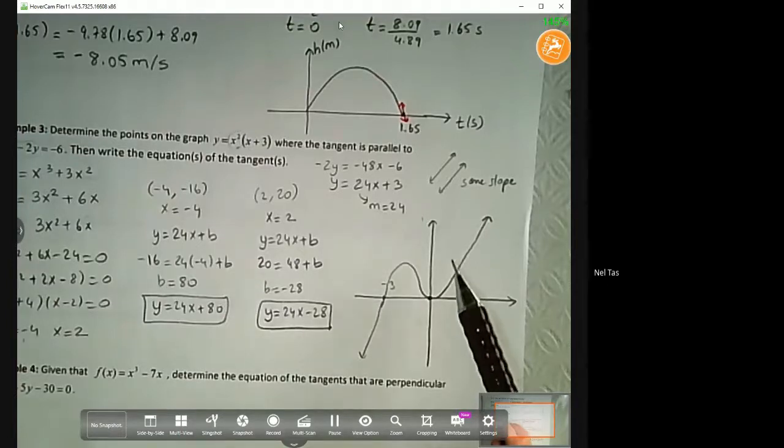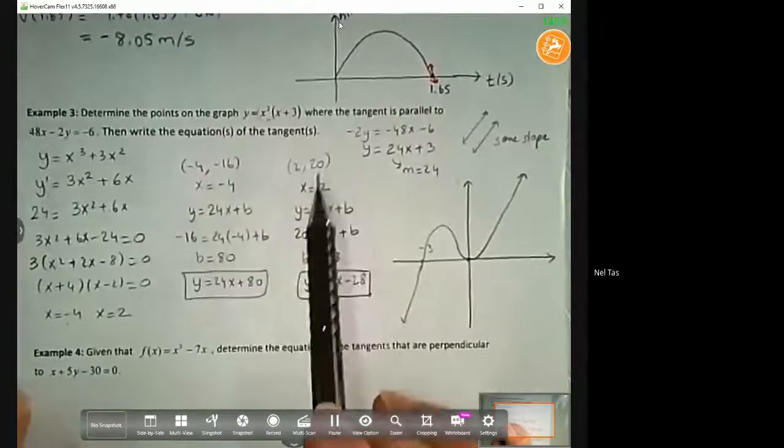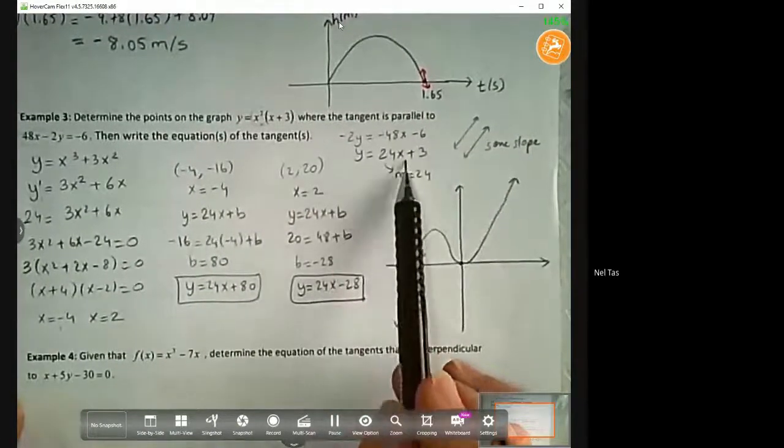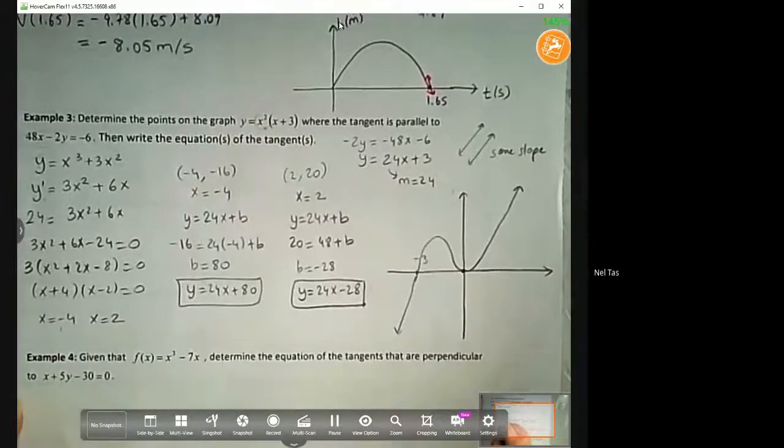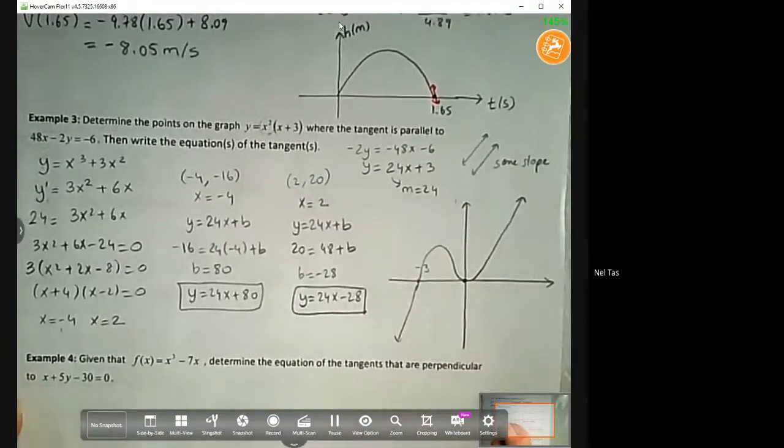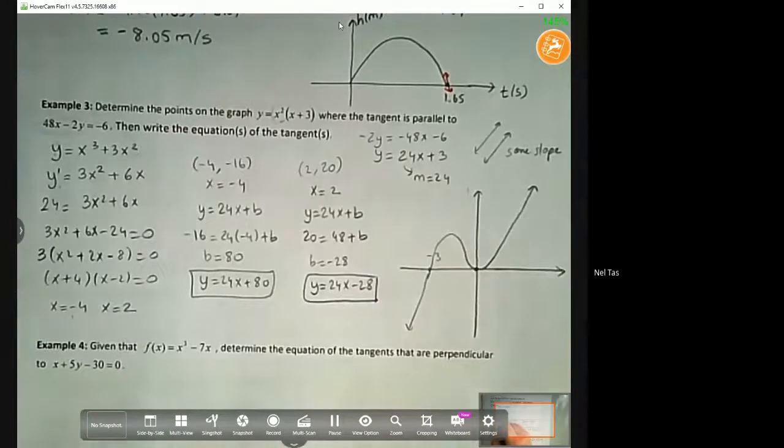So if you were to draw this line, y equals 24x plus 3, something like this.